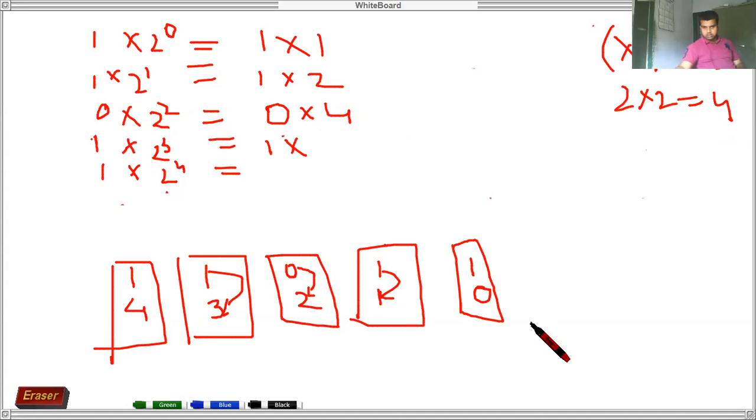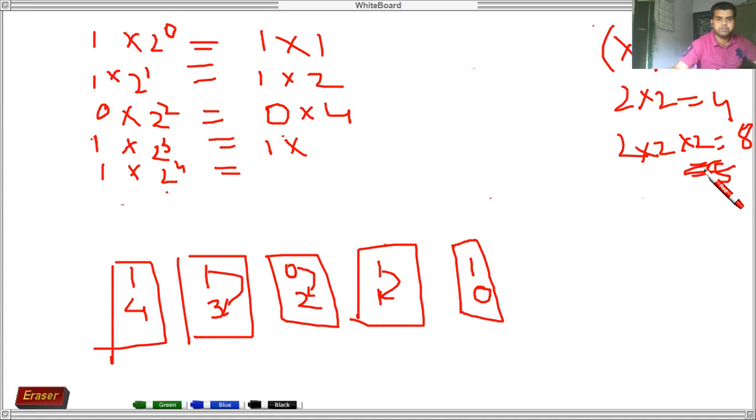So 1 into 2 cube is 8. Then 1 into 2 to the power 4. 2 to the power 4 means 2 will be multiplied 4 times. So this becomes 16.